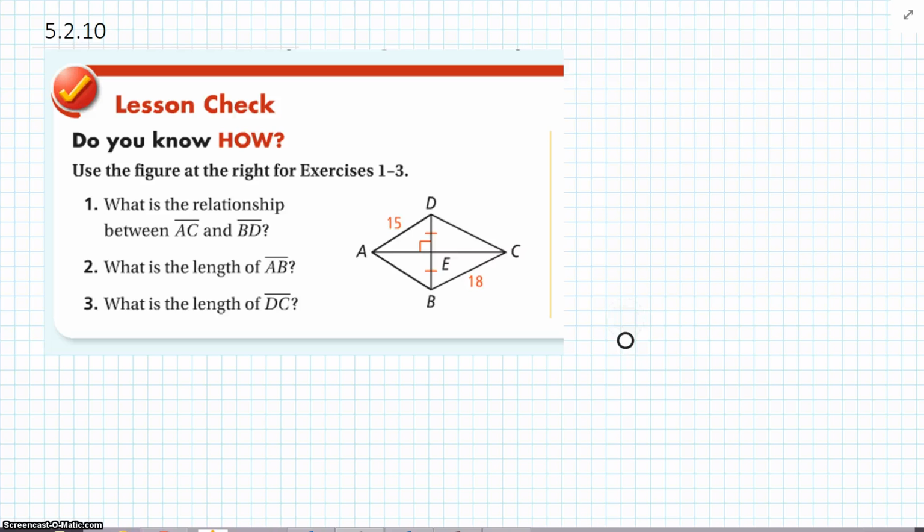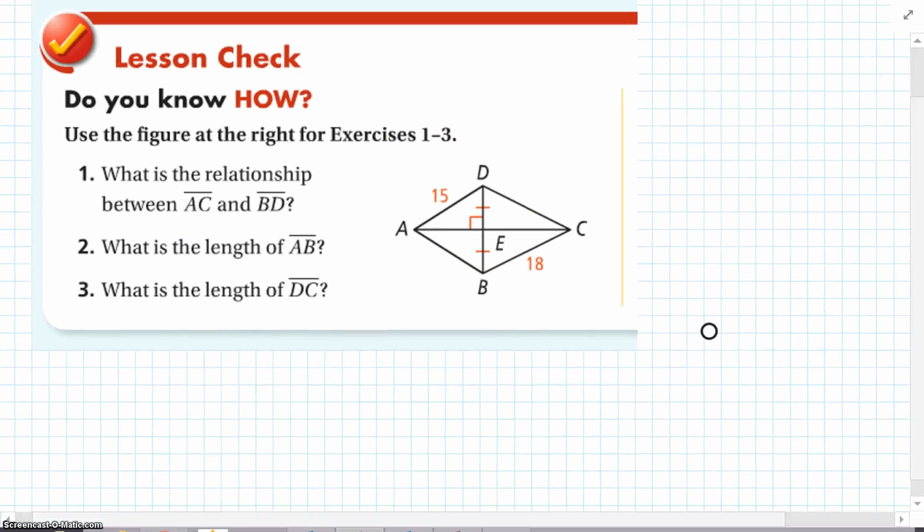Okay, let's just double check some things. What is the relationship between AC and BD? Well, AC is the perpendicular bisector of DB. What is the length of AB?